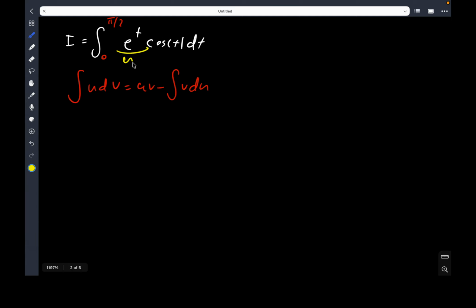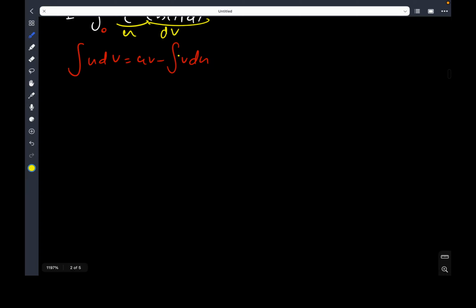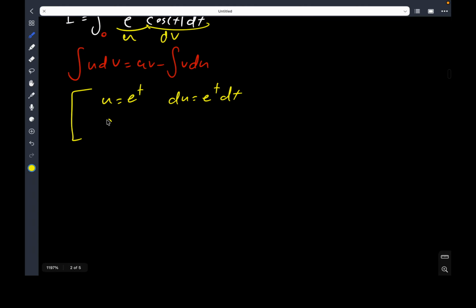I'm going to call this u and this part dv. So my u is e to the t, du is e to the t dt. My dv is cosine t dt, and my v, if I integrate cosine t dt, is sine t.